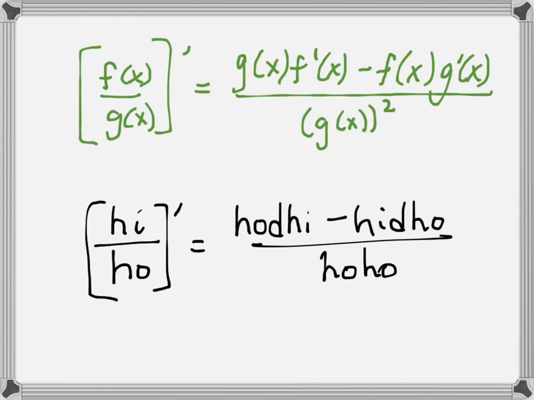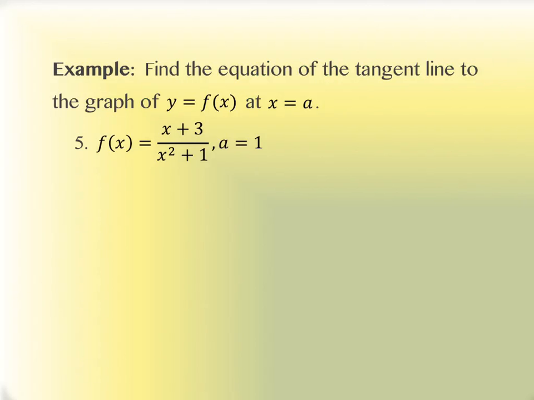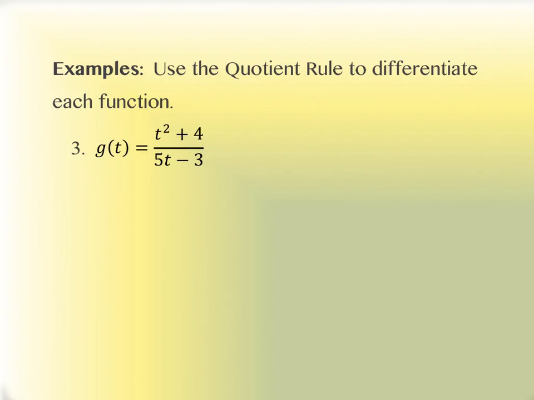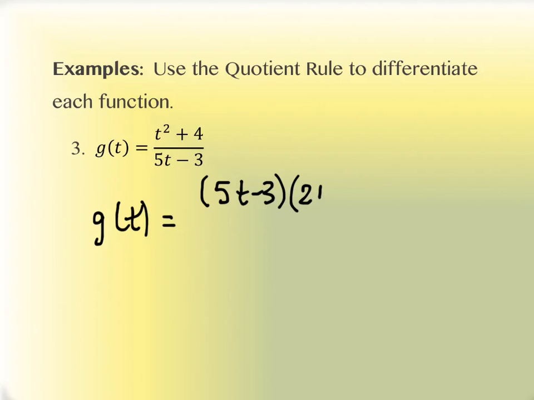All right, so before we head on out, let me take a look with you on getting one of them set up. This one right here, number 3. So this quotient rule says that what I have to do is I take the denominator, which is 5t minus 3. I multiply that by the derivative of the numerator. So what is the derivative of t squared plus 4? 2t.